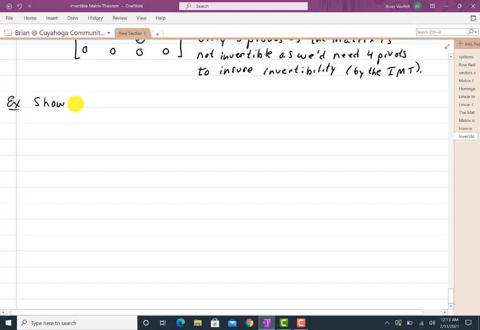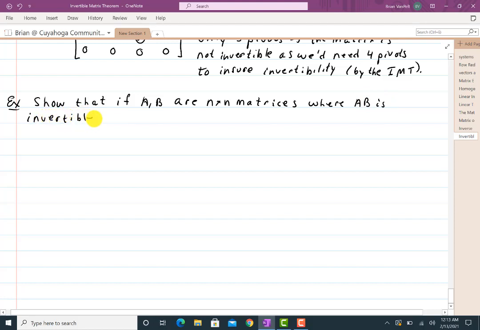Show that if A, B are n by n matrices where AB is invertible, then A is invertible.